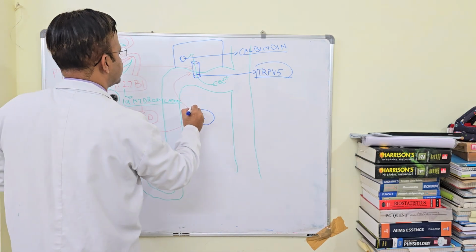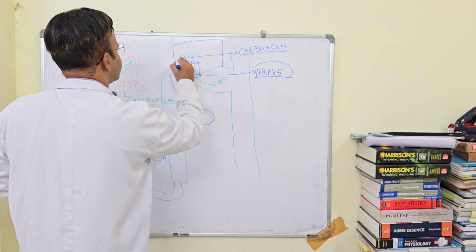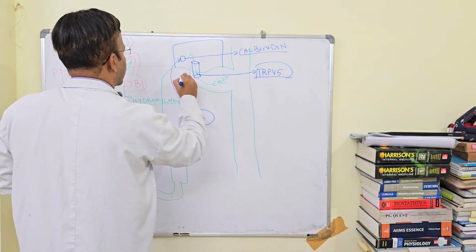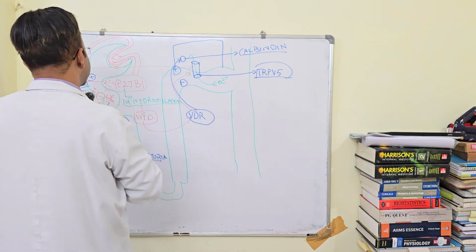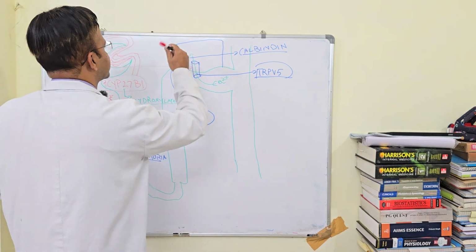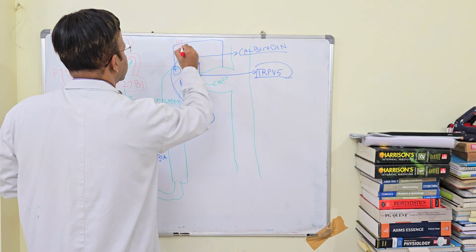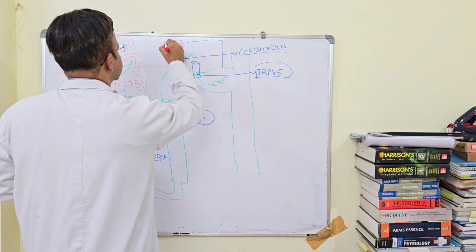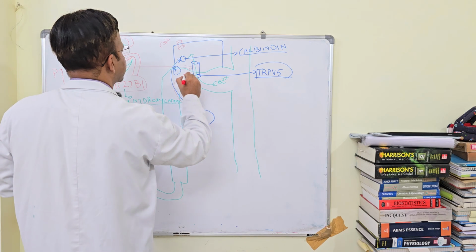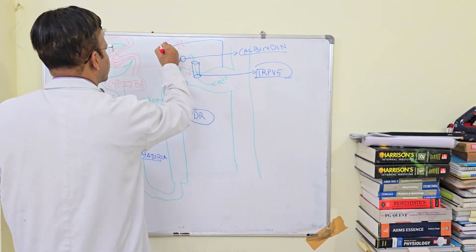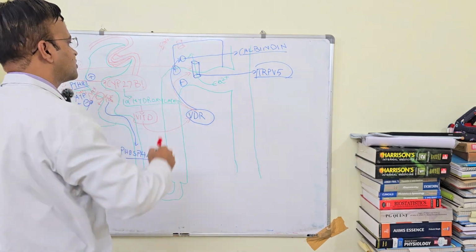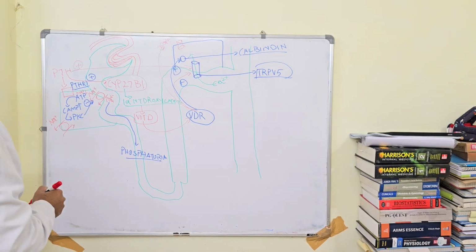So this will upregulate TRPV5, this will upregulate calbindin, and this will also upregulate the calcium channels present on the basolateral side. On the basolateral side, some calcium channels are present. This will upregulate those channels also. So vitamin D will upregulate all the steps of calcium reabsorption.